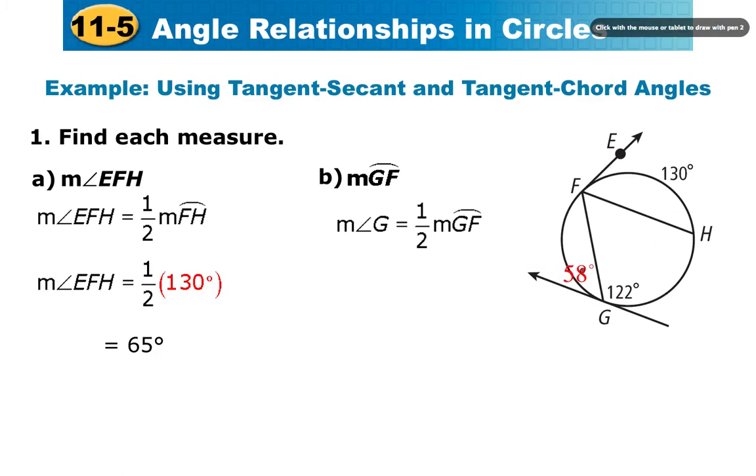This is a line, and these two angles have to be supplementary. And then at this point, all I'm going to do is substitute 58 for angle G. And at this point, I should be able to find the measurement of arc GF by multiplying both sides by 2, which is 116. And we're done with part B.